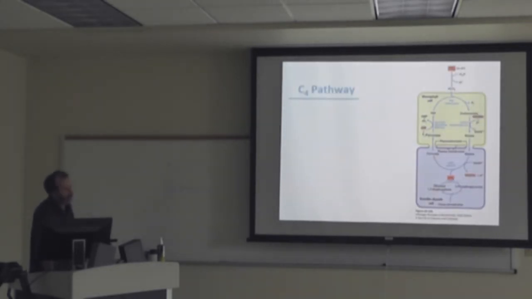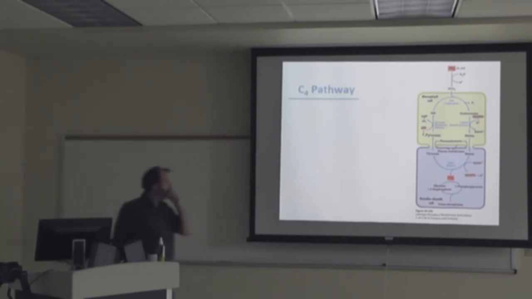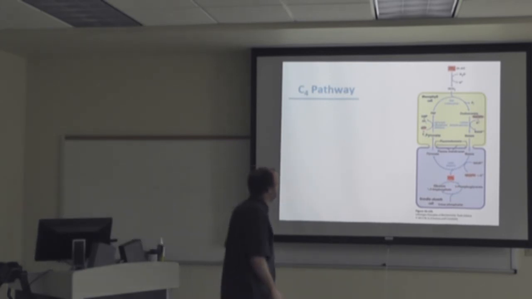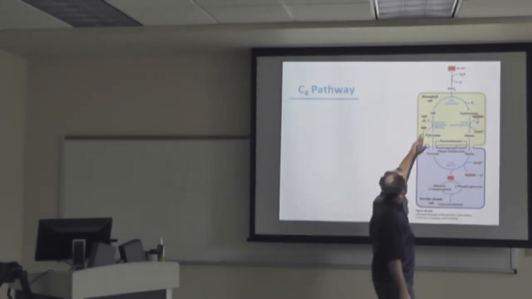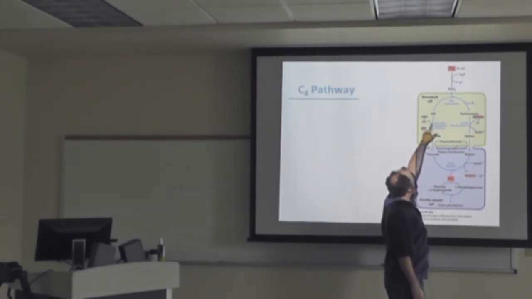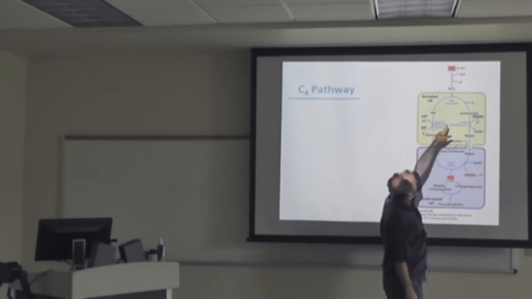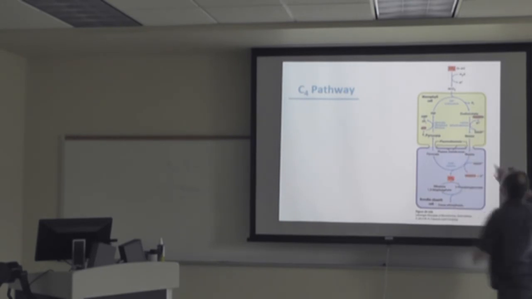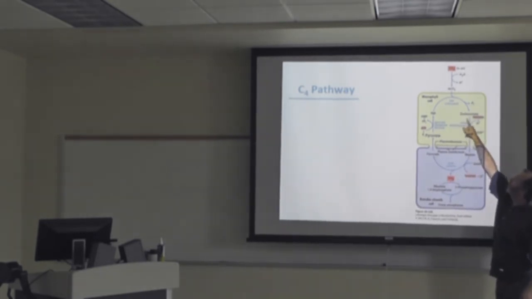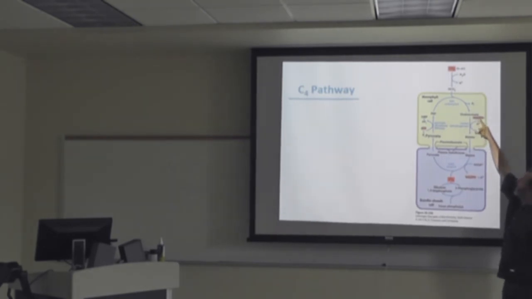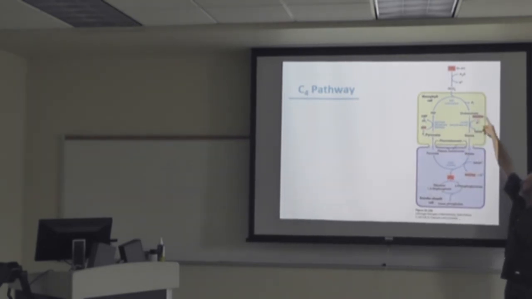This is the overall C4 pathway. So in the mesophyll cell, pyruvate gets converted to phosphoenolpyruvate, and then PEP carboxylase will take that bicarbonate and produce oxaloacetate. So we've taken the carbon from carbon dioxide here and fixed it into oxaloacetate from phosphoenolpyruvate.